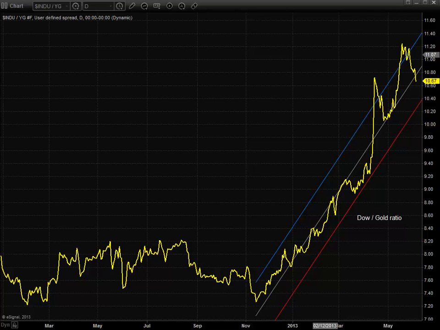I would think that this lower fringe of the regression channel will be in play here before this is all done. So definitely keep looking at the GDX, silver stocks, all of the precious metal miners for an opportunity here on the long side as traders start to take a little bit more of a defensive posture and start taking some profits here short term in the market.